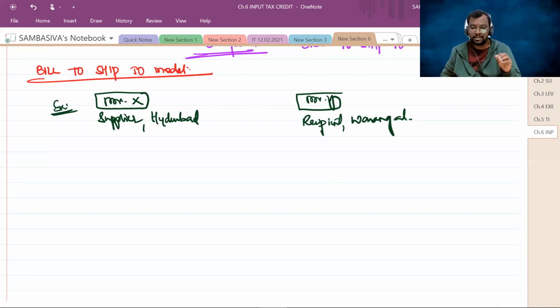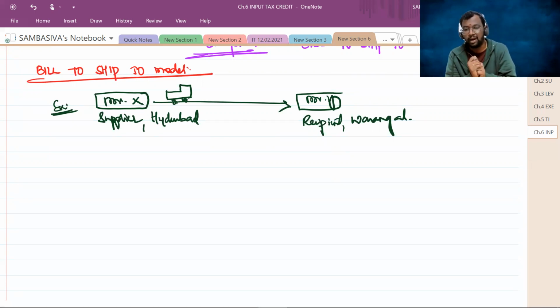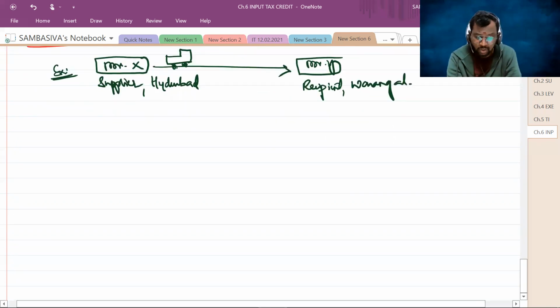Supplier is from Hyderabad and recipient is from Warangal. So Mr. Y purchased the goods from Mr. X. Now what does Mr. X have to do? Mr. X has to supply the goods to Mr. Y. Now, while the goods are being transported to Mr. Y, that is the recipient, to Warangal, in the meanwhile, what happened is Mr. Y received an order from Mr. Z.